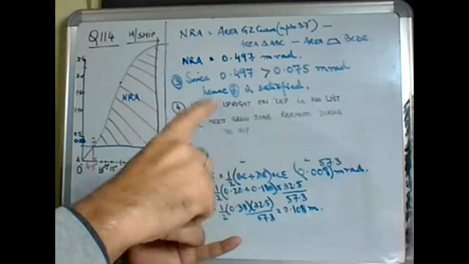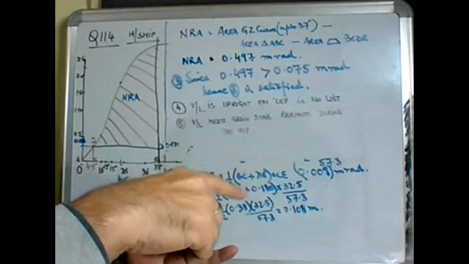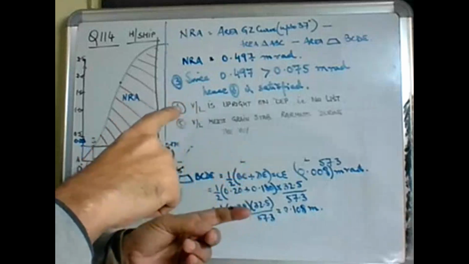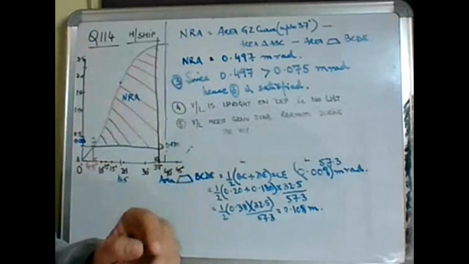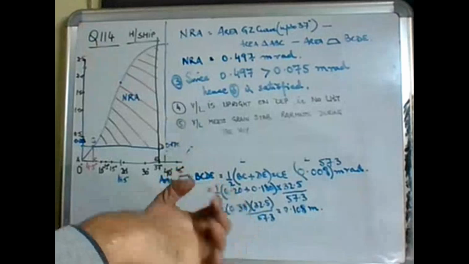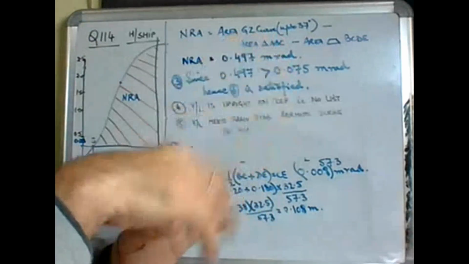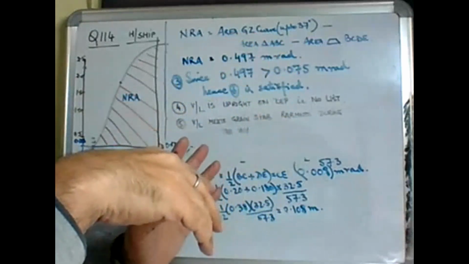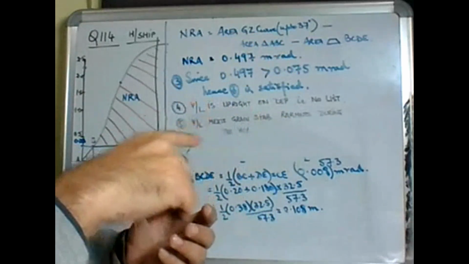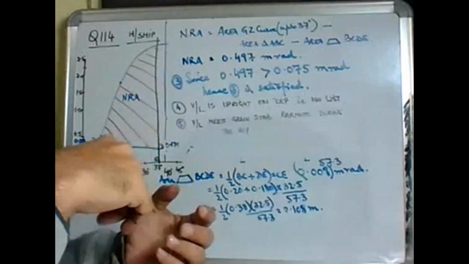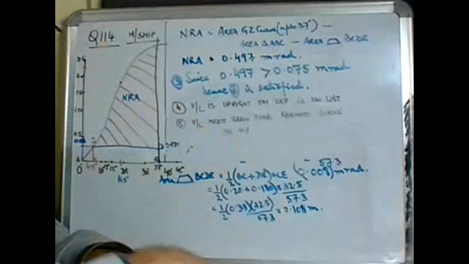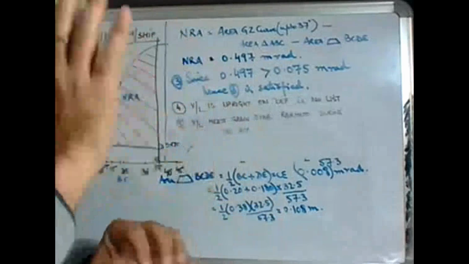Third, net residual area should be greater than 0.075 meter radian. That is ours. Fourth, vessel should be upright on departure, that is, she should have no list. That is also ours. And fifth, vessel should meet the grain stability requirements. All the requirements we have done, she will meet throughout the voyage as well.